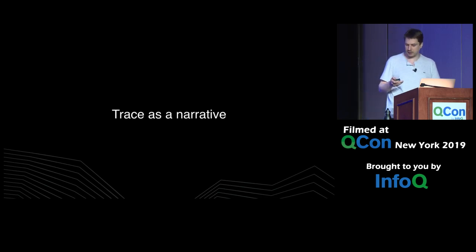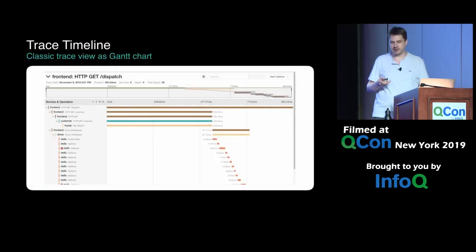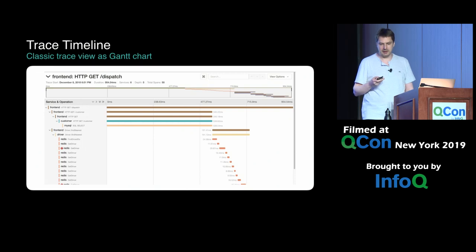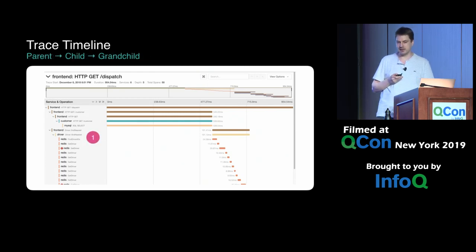So let's take a look at a real example of a trace. Well, it's not quite real, it's still a toy example. It's a Gantt chart, and on the left side there is a hierarchy, parent-child relationships between services and operations, who called whom.